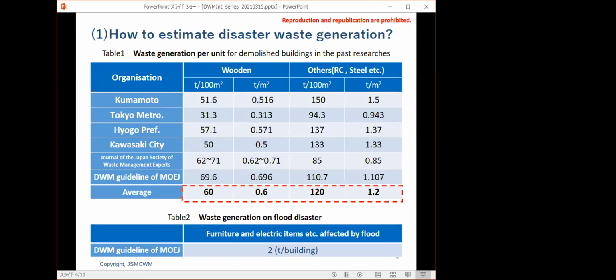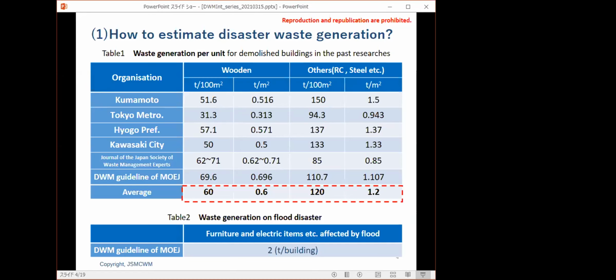There are many researches done by those organizations. But we have an average number of disaster waste generation intensity per unit for wooden buildings. For wooden buildings, the average number is almost 60 ton per 100 square meter, or 0.6 ton per square meter.